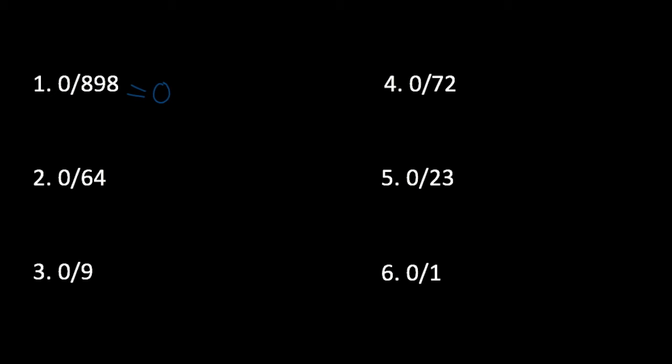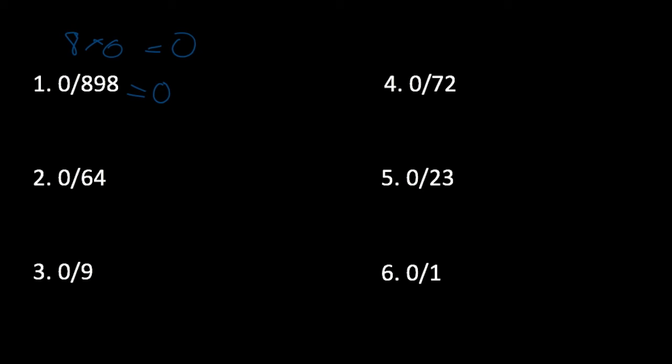Now, let me put it in mathematical terms. In mathematical terms, any number divided by 0 equals 0. Like any number times 0, let's say you had 8 times 0, that would equal 0. So any number times 0 is equal to 0, and any number divided by 0 equals 0.